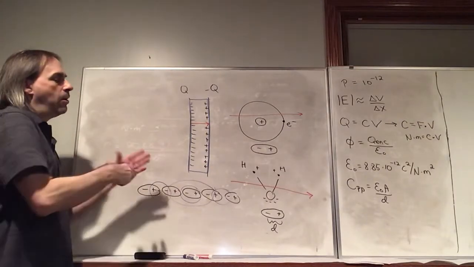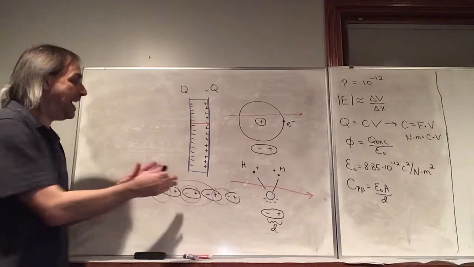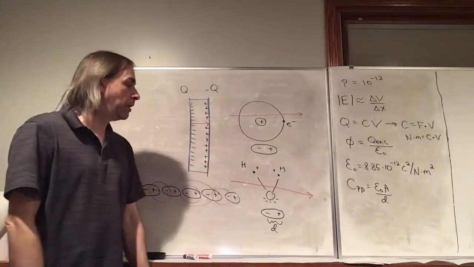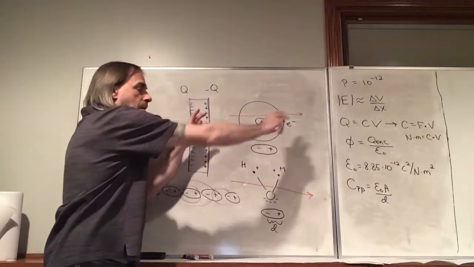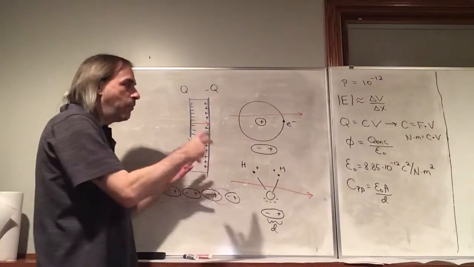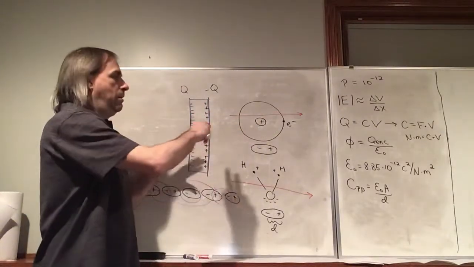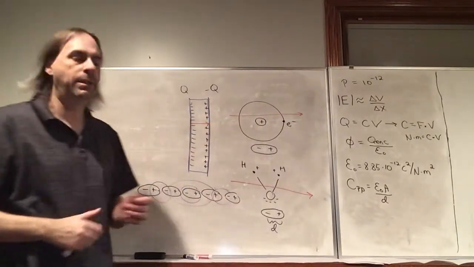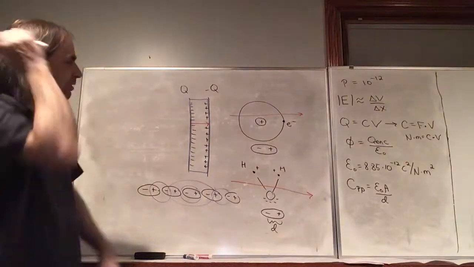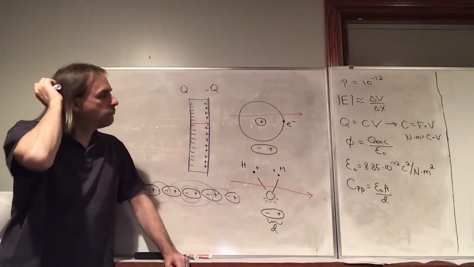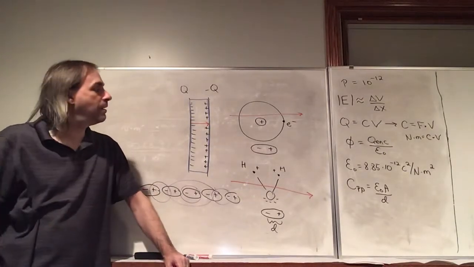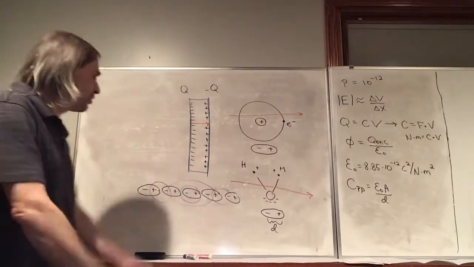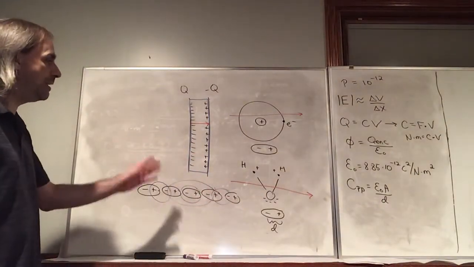So again, what's actually going on inside this material is extremely complicated. The orbit of the electrons can go from a circular orbit to an elliptical orbit, the shape of that electron cloud could be altered by the electric field. Molecules can rotate. All sorts of things can happen inside.